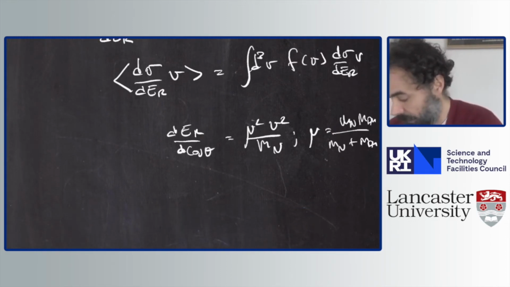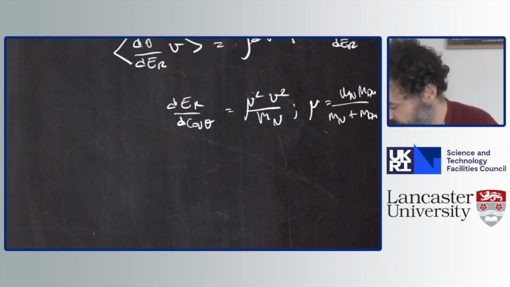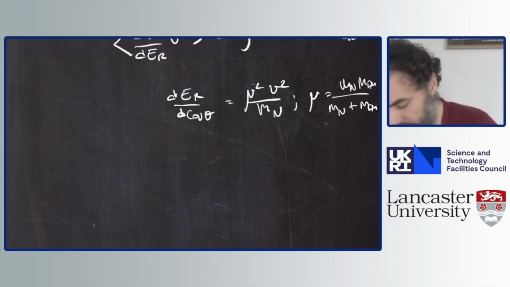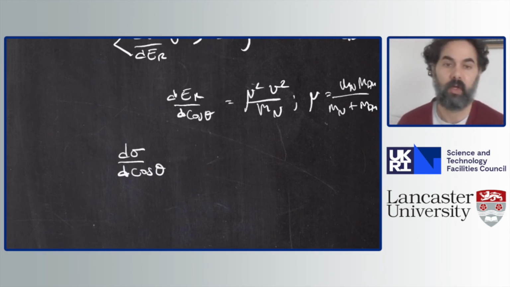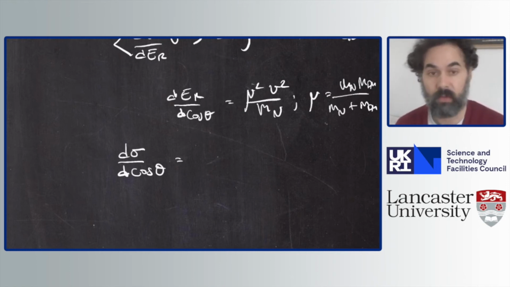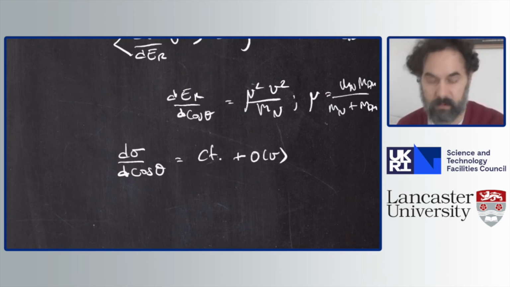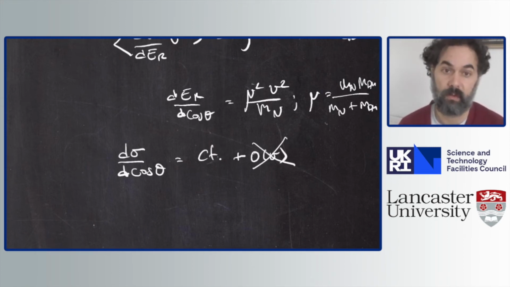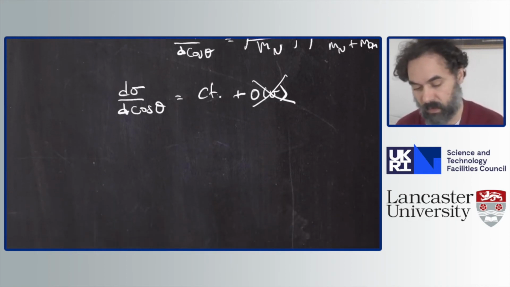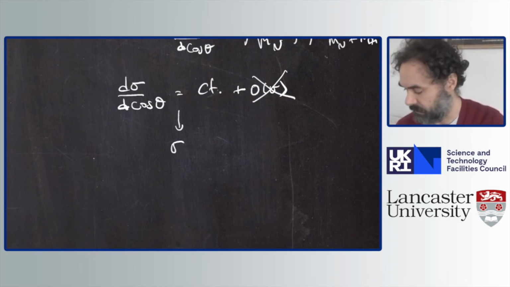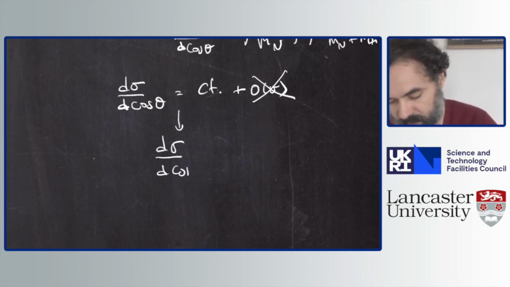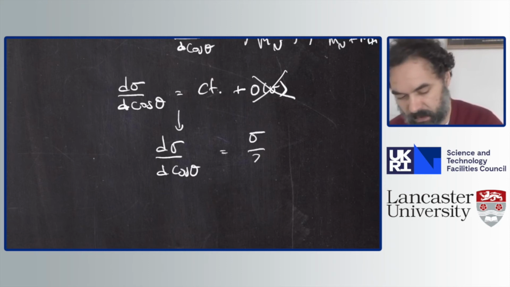And very importantly, you can compute the cross section as a function of theta in the non-relativistic limit, and there is a theorem saying that this in principle is a constant plus order v effects. So if you forget about those because they are small, you can integrate this equation and find that dsigma over dcos theta is nothing but the cross section itself divided by 2.